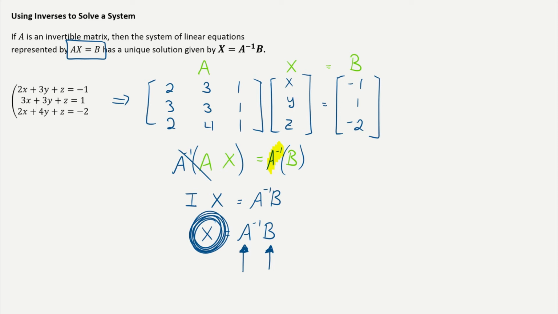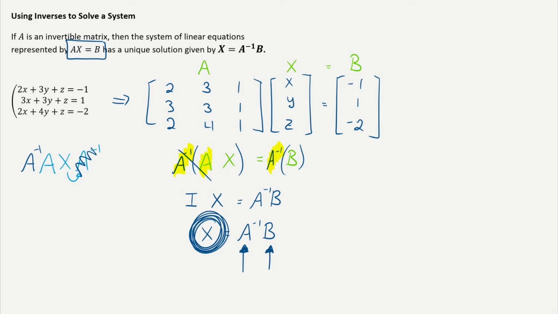So over here, I have to multiply A by A inverse, and they have to be next to each other. That right here is different from that right there. There I'm multiplying X by A inverse, but I need to multiply A by A inverse, so I need to put it on the left side.